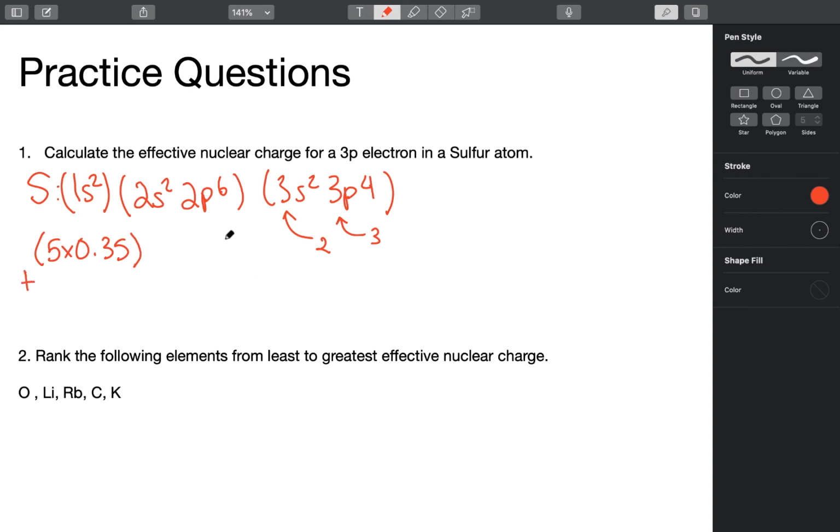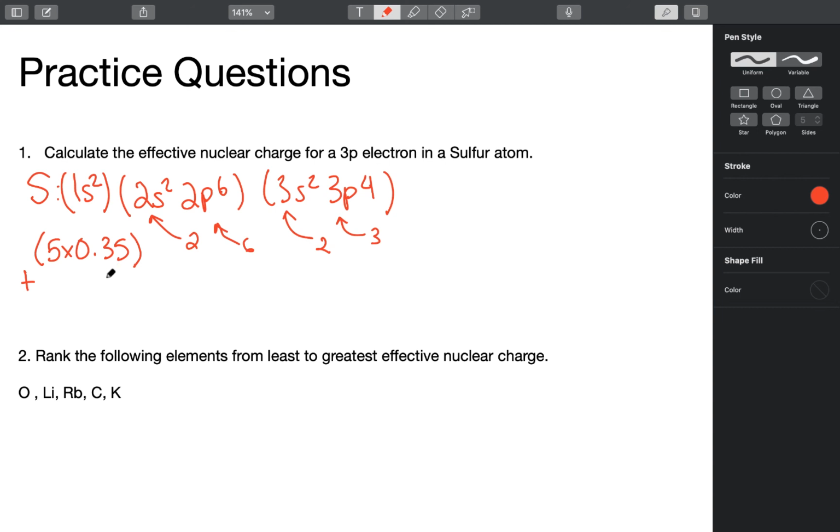So the first thing that you got to do is find out how much these two particular groups add to the screening constant. So the rule that applies to this one is the n-1 rule. So therefore, we're going to look at this group. So we have 2 electrons from the 2s subshell and 6 from the 2p.